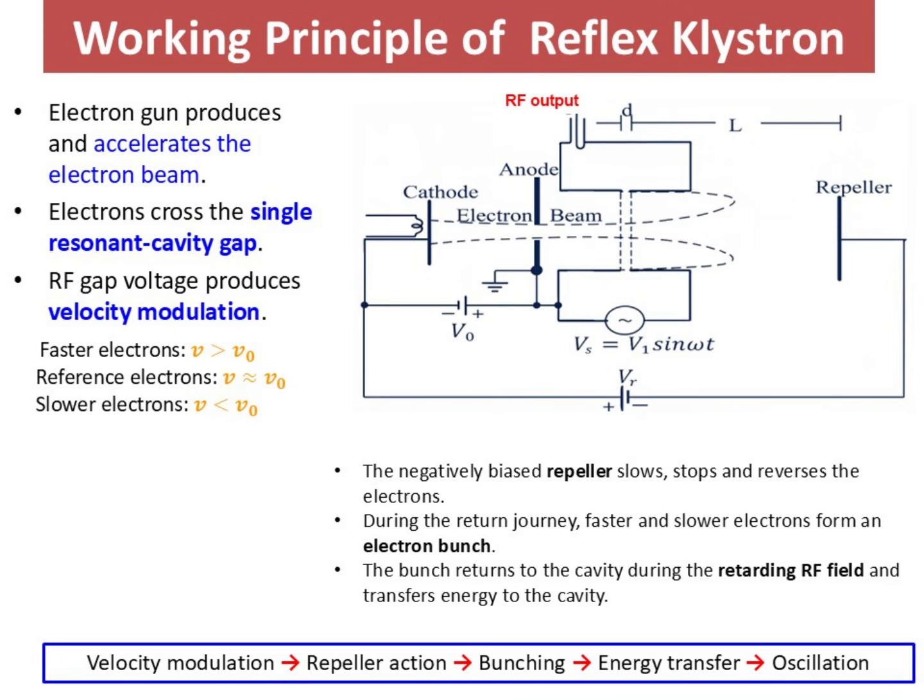The bunch then returns to the cavity gap. If it reaches the cavity during the proper retarding phase of the RF field, the electrons lose kinetic energy. That energy is transferred to the cavity field. This energy transfer compensates for cavity losses and sustains microwave oscillations. So remember the complete process: velocity modulation, repeller action, bunching, energy transfer, oscillation.